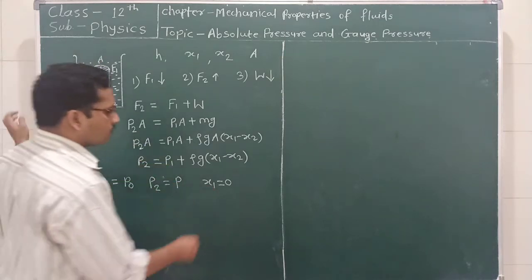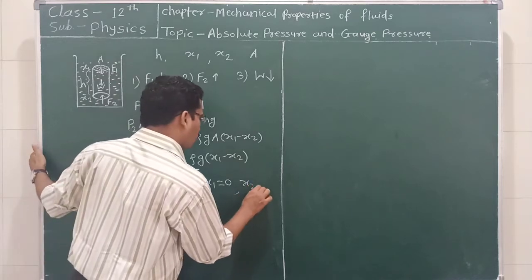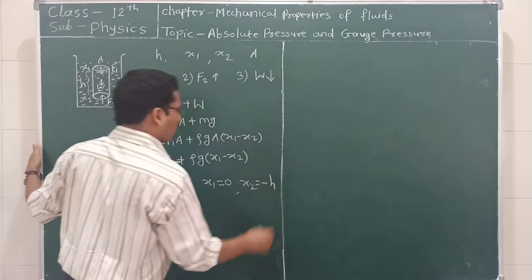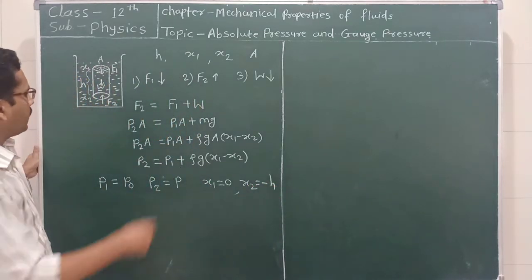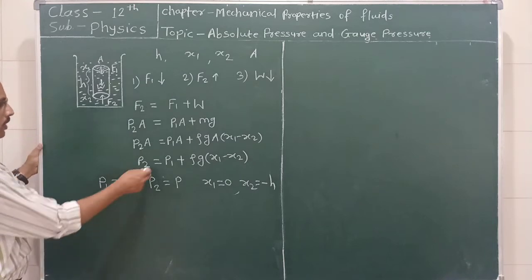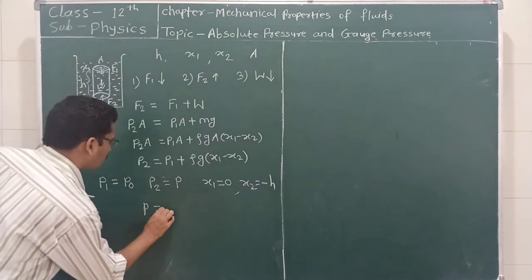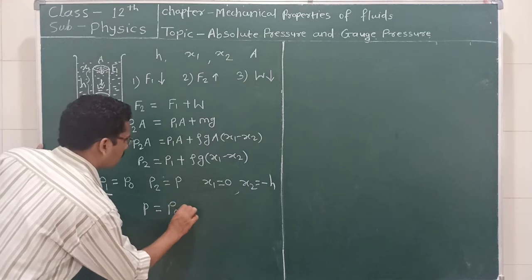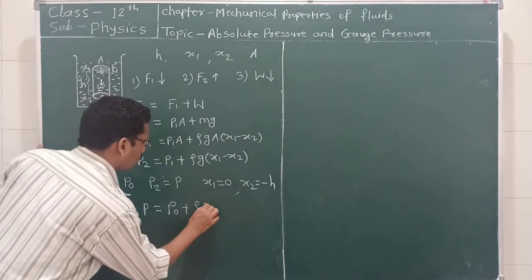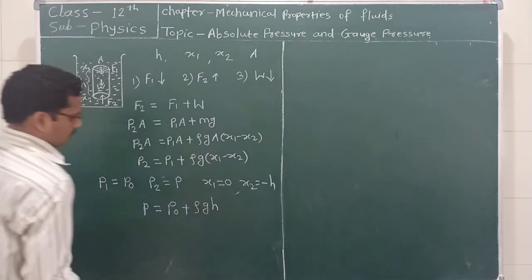And x2 is equal to minus h because we are measuring the height in the downward direction. So this equation becomes P is equal to P0 plus rho g h.